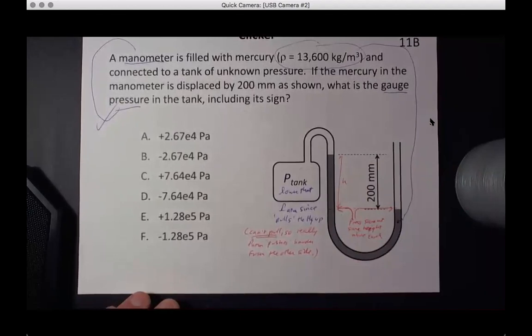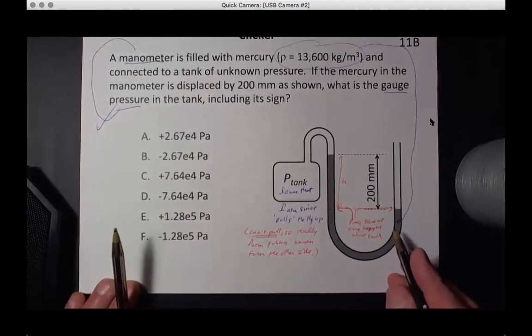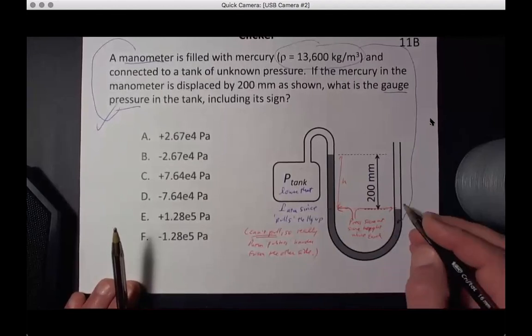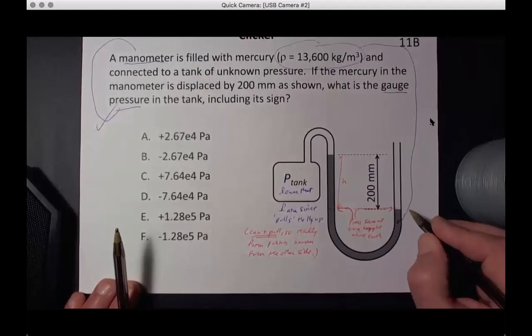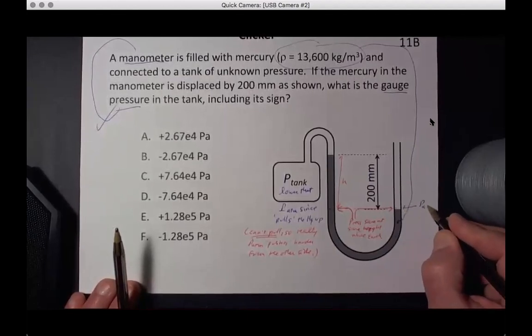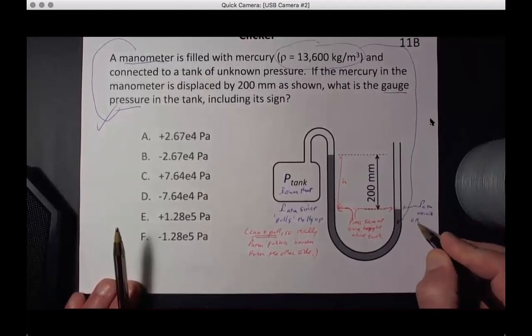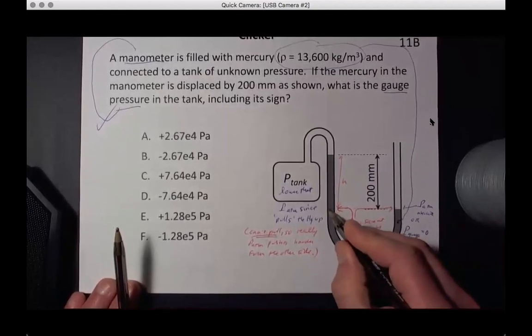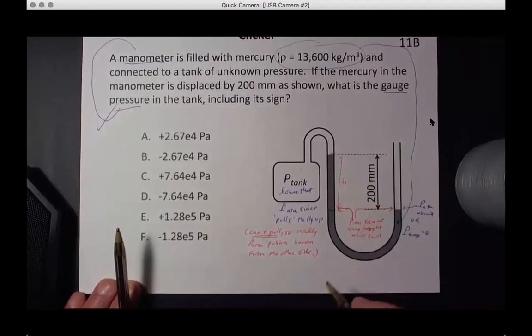And we have the P over this. Now if we work in absolute, this is P atmosphere, or P gauge equals 0 on this side, so that's what it is down here. And so up here, it's P tank.